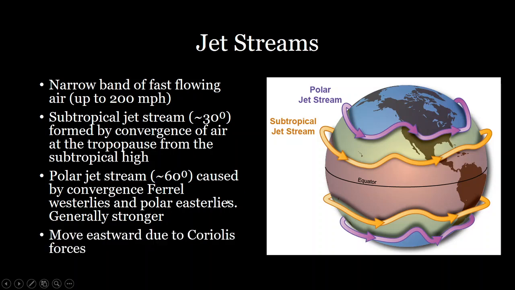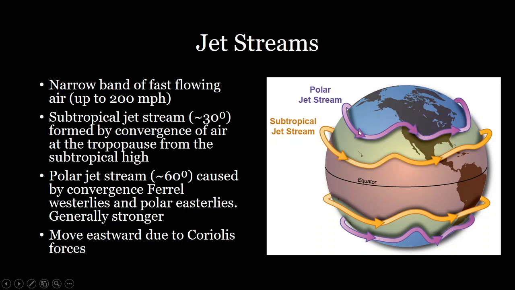So these jet streams always move eastward due to the Coriolis forces. So remember, as air moves poleward, it's going to be curved east, and as it moves towards the equator, it gets curved to the west.